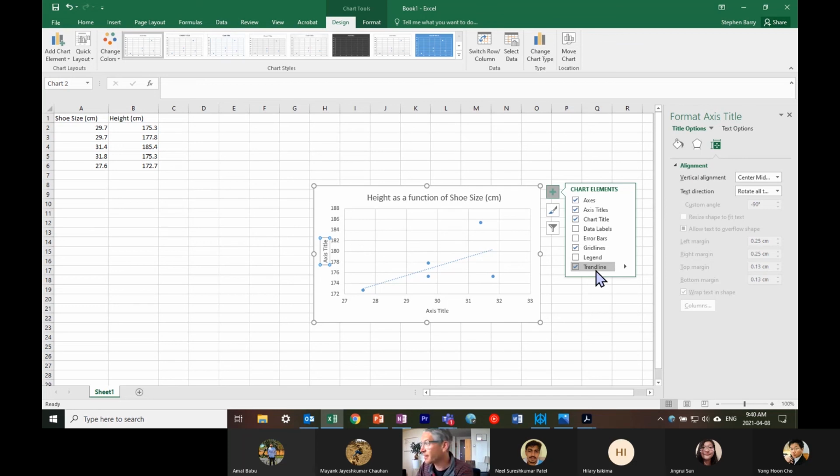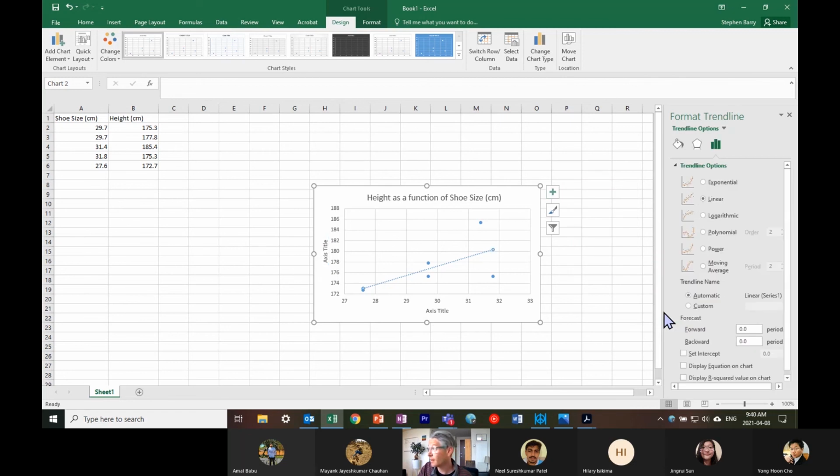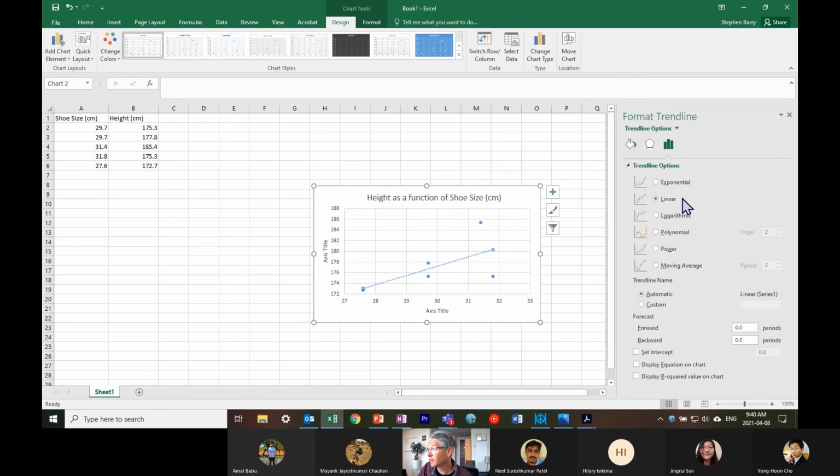And then here's some fancy stuff to do here. It's linear. Then go to more options. Okay, go to more options. Right, so we've got linear. Display equation on the chart.